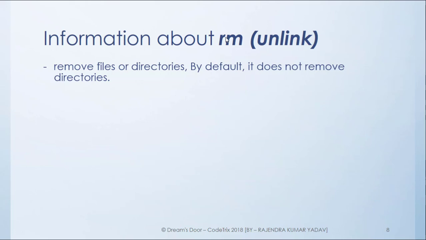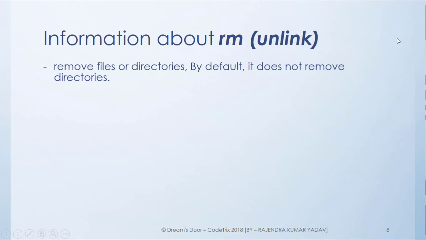But make sure that if you are using rmdir, that directory must be empty. If it has some sort of file or folder, you cannot remove it with rmdir; you require rm with some additional parameter. And unlink is an alias of rm. It is just able to delete a single file.